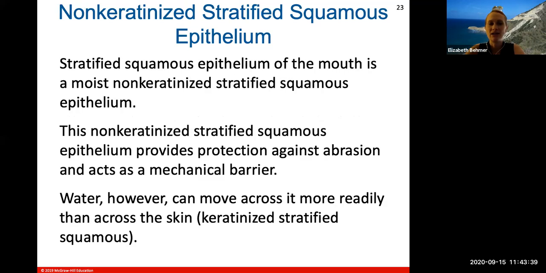And then non-keratinized, meaning the outermost layer will still be alive. They'll be moist. They won't be filled with keratin, so they're alive. And this just helps to provide extra protection in areas of abrasion, like the oral cavity, your esophagus where food is going down, your anal canal where wastes are being excreted. Water can still move across it more readily.